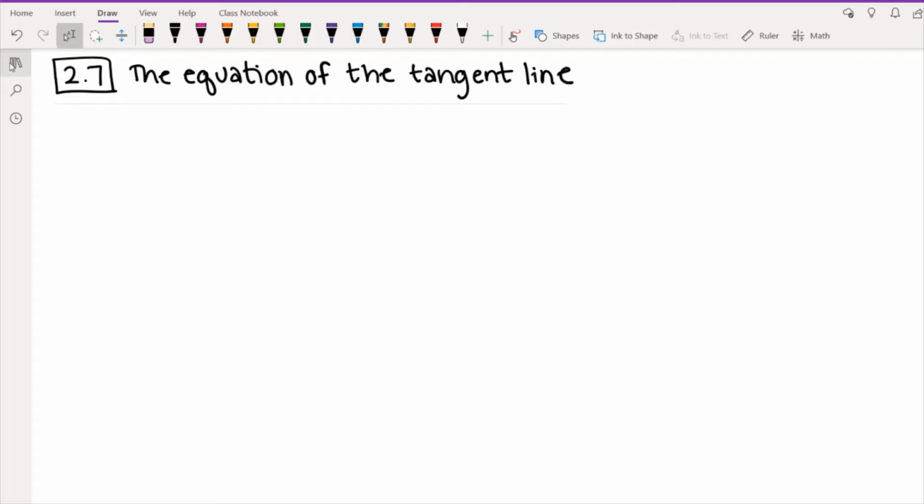So that's what we're going to be using in this video. But first, let me just remind you of how the other form works. So two different formats for the equation of a line.